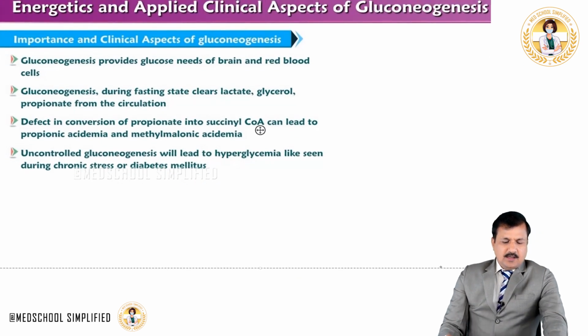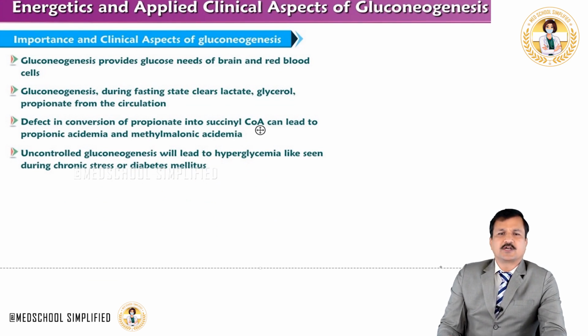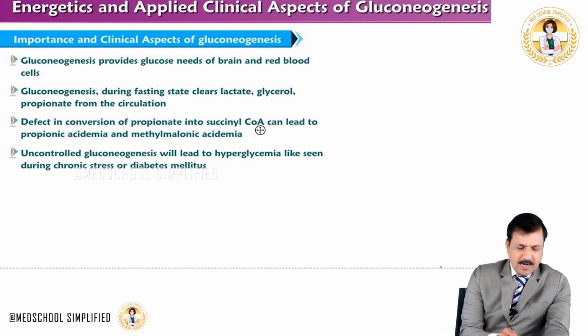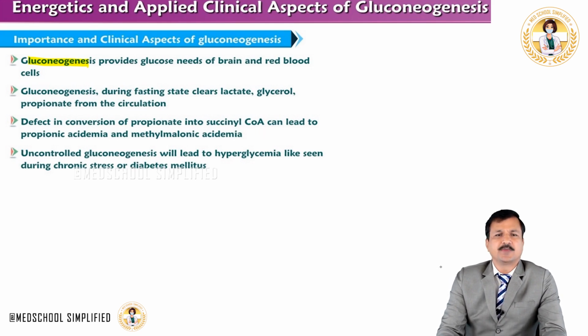Now, gluconeogenesis provides the glucose needs of brain and red blood cells. That's why gluconeogenesis goes on under fasting condition, and gluconeogenesis during the fasting state clears lactate, glycerol, and propionate from the circulation, because accumulation of lactate and propionate especially may lead to acidosis.